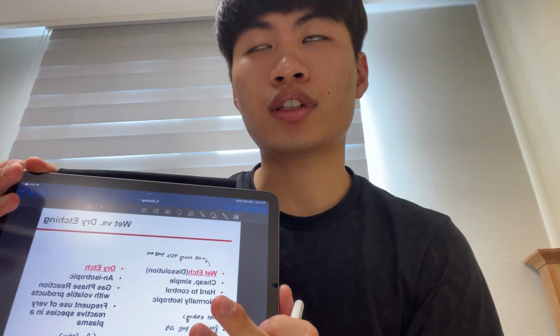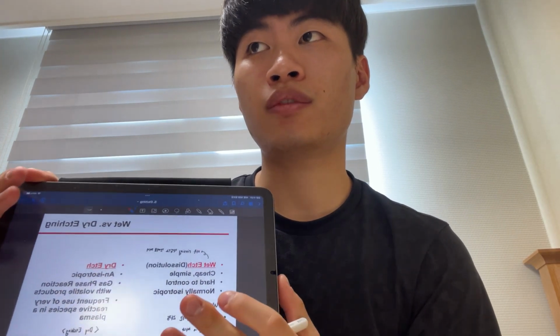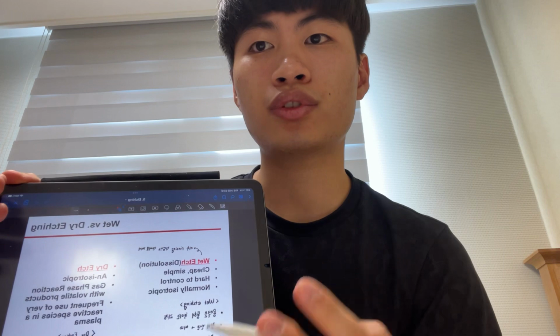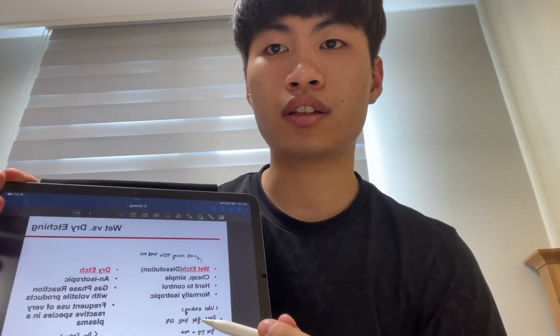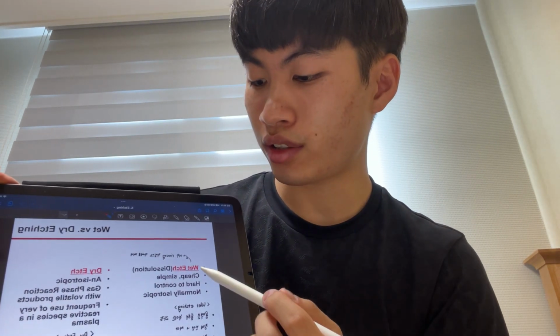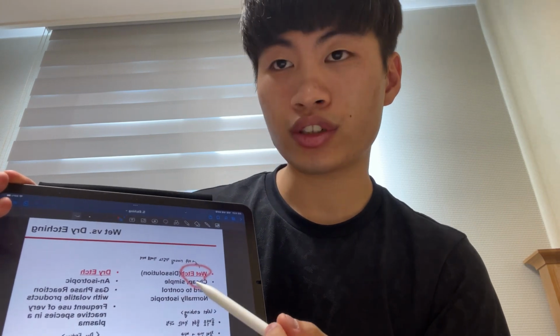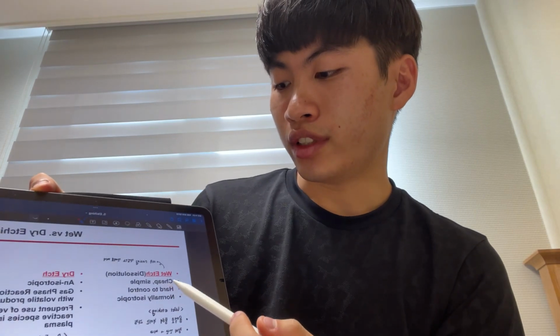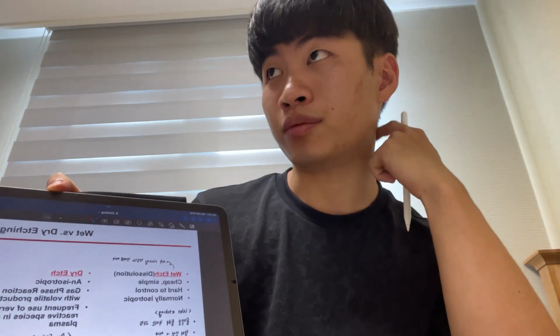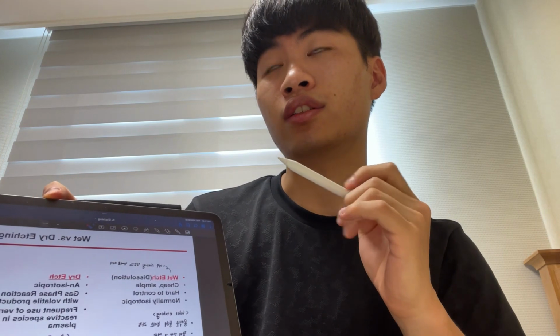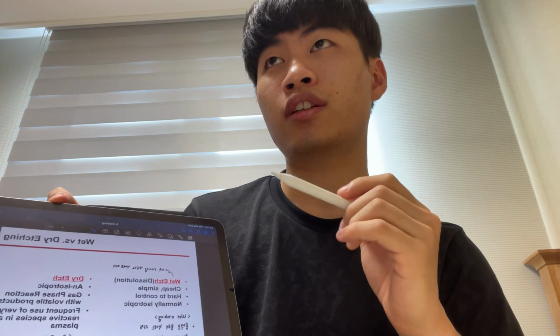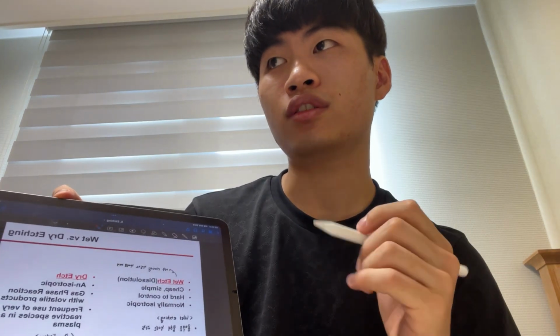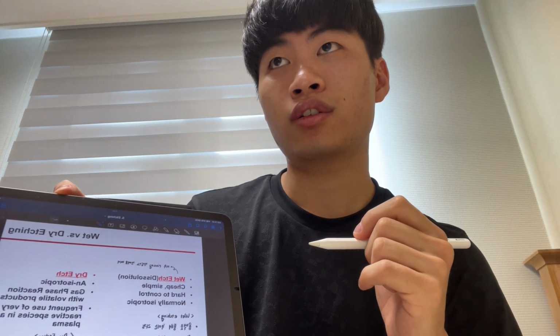In the etching process, we can divide it into two processes, and they are wet etching and dry etching. In wet etching, we use an etchant. It is a kind of liquid using some chemical reactions.